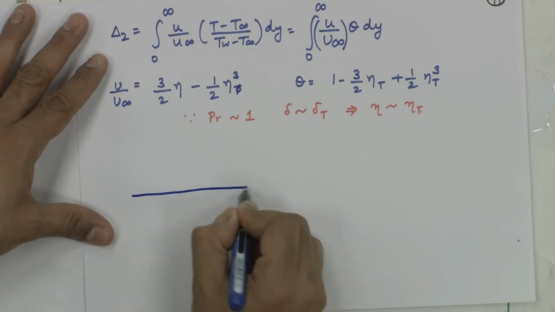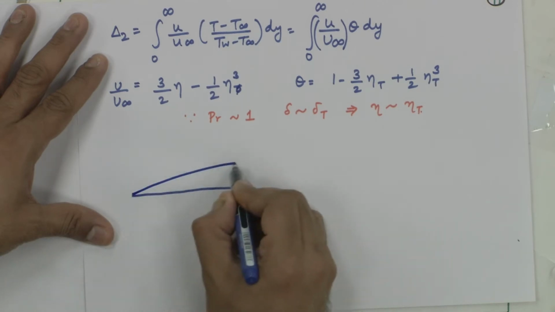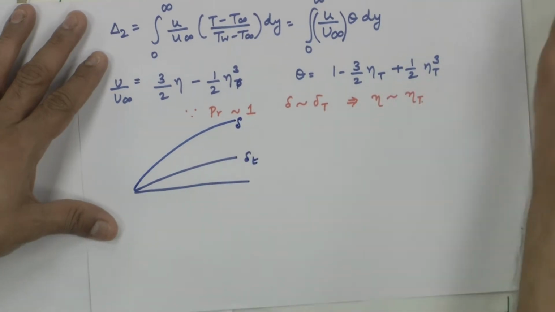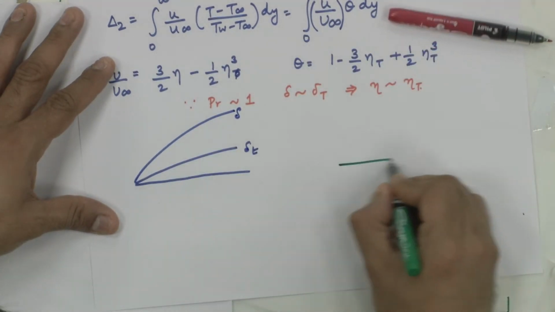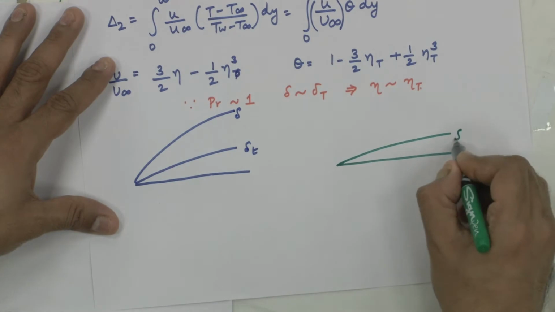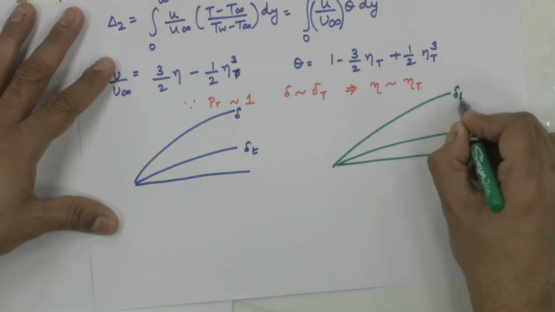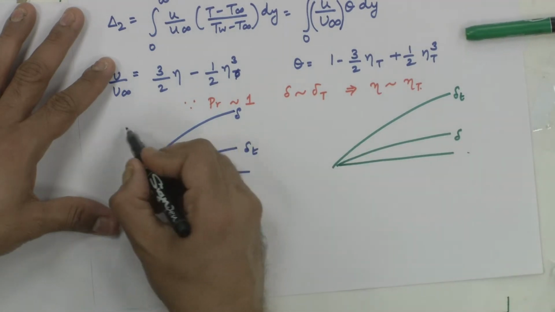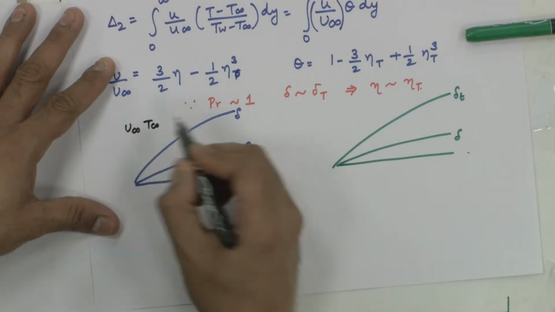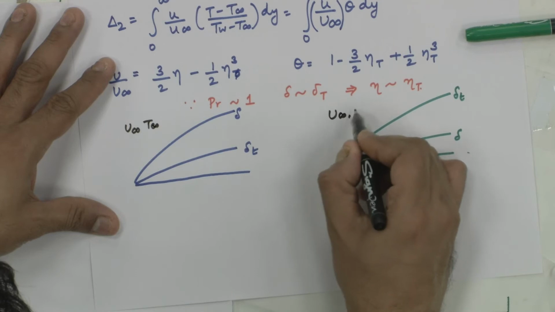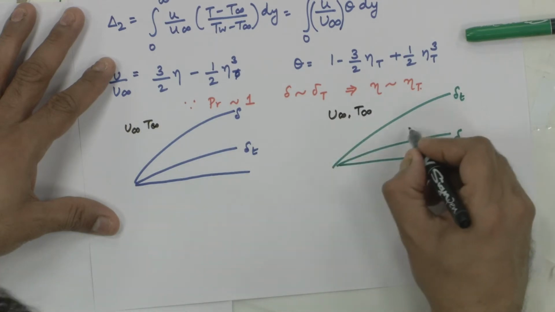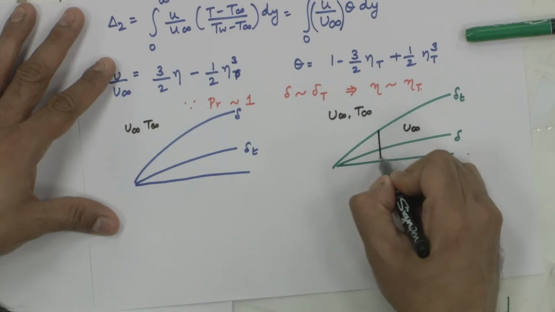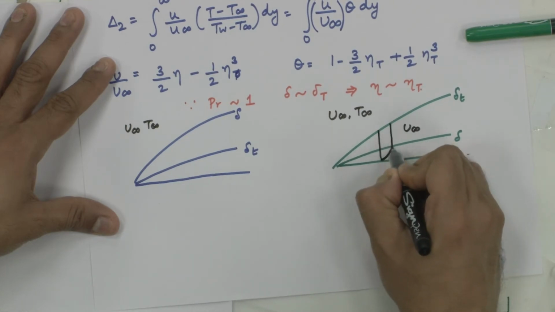So if I take this flat plate and I have delta t like this, delta like this, this is my delta and this is my delta t. Free stream here, it is u infinity, T infinity. Here it is u infinity because boundary layer ends here. So if I look at this expression, this is u infinity.